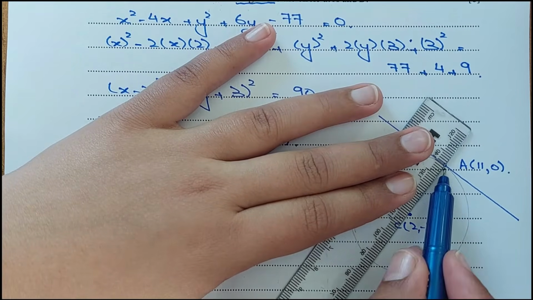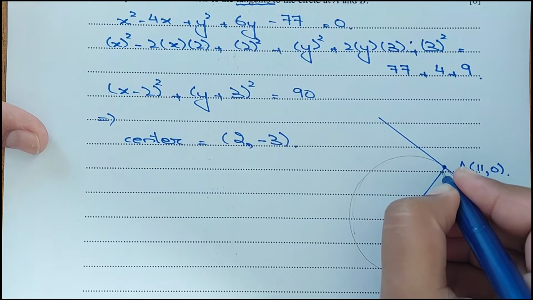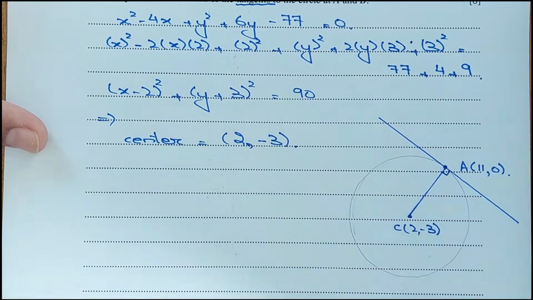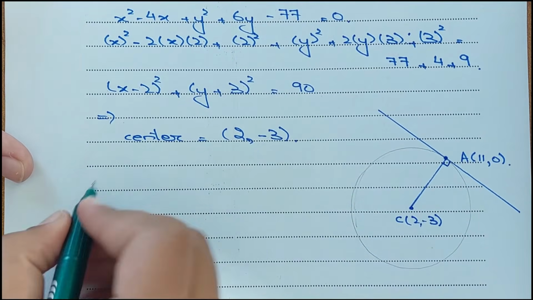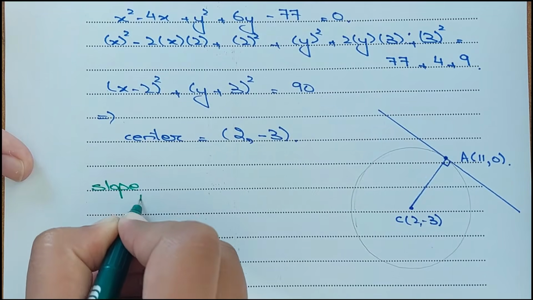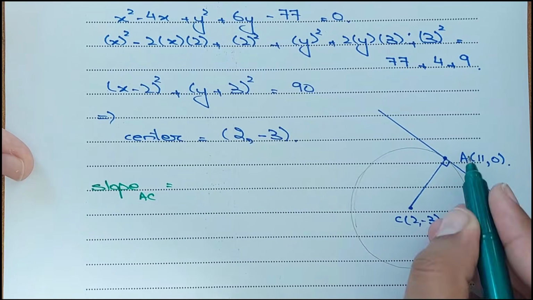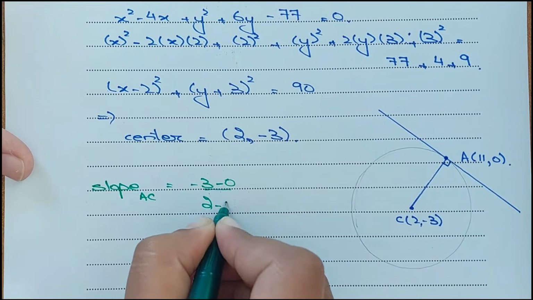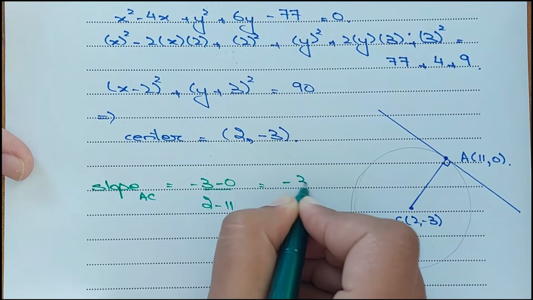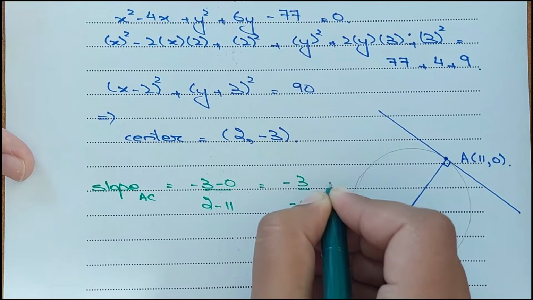So we need to find the equation of tangent to the circle. As we know, a tangent is always perpendicular to the radius of a circle, right? So let me find the slope and then the negative reciprocal. So the slope of AC is y2 minus y1, which is negative 3 minus 0, over x2 minus x1, which is 2 minus 11, equal to negative 9, so the slope is 1 by 3.